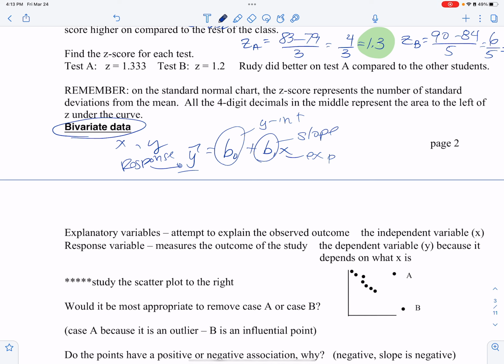X explanatory, that's how you can remember it. Now your y is going to have a hat, because the hat means prediction.